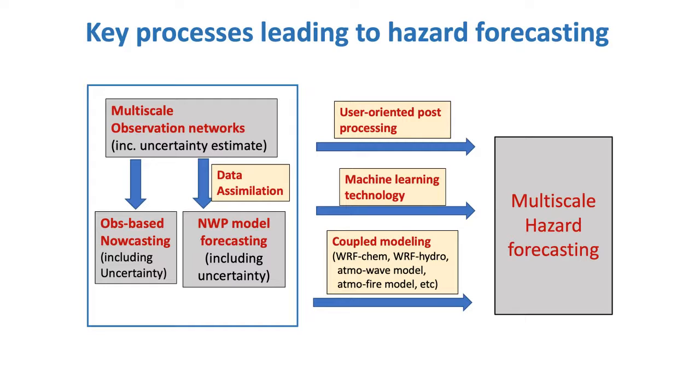These weather forecast outputs have to go through some intermediate processes, including user-oriented post-processing. This has to also provide uncertainty information, of course, and machine learning technology or coupled modeling. Of course, the coupled modeling is most complex, and it's still mostly in the research stage.